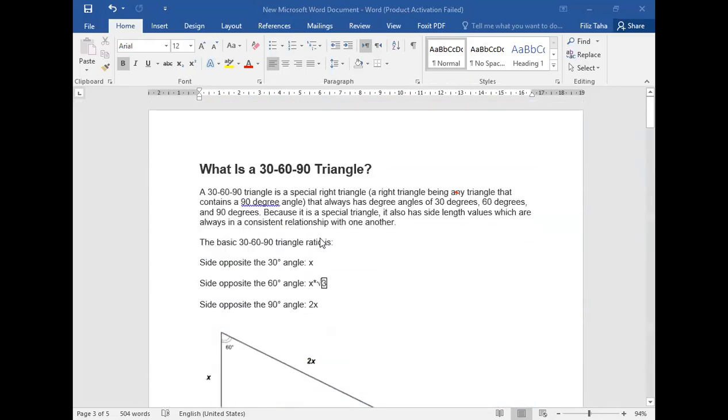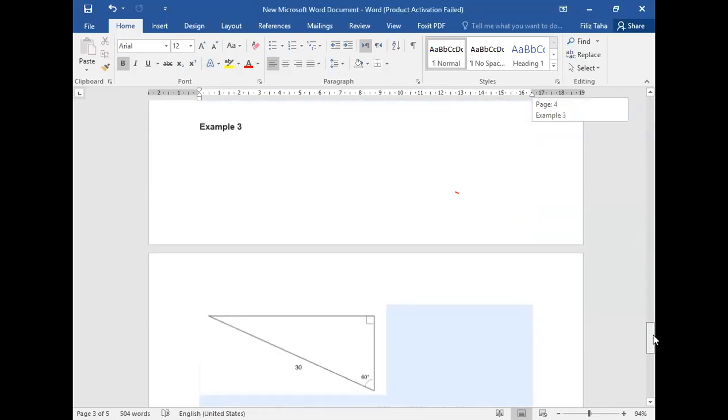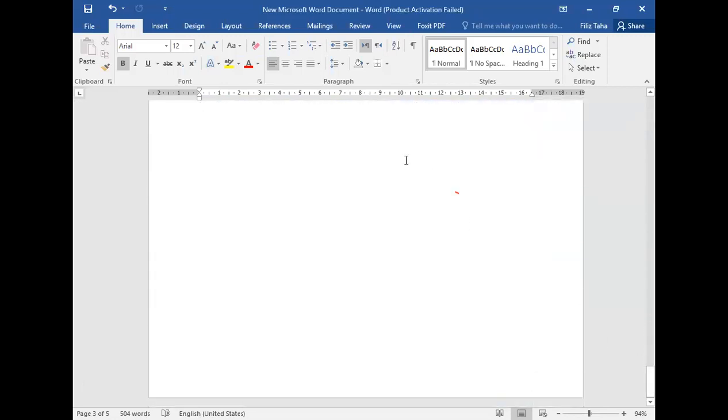We have a second special case, which is 45, 45. With 45 and 45, we have a right angle triangle like this, and it's isosceles. So this is a right angle, and this is 45, and this is another 45, it's isosceles.